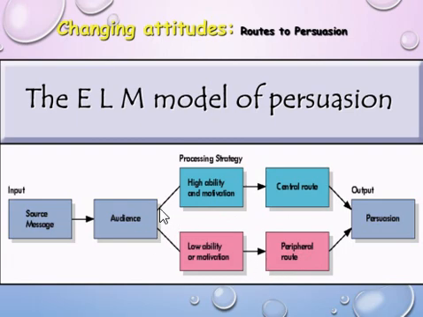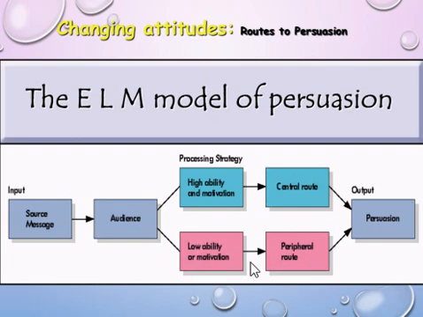So if the audience has high ability and motivation to do something, then we're going to the central route. If they have high ability, they are self-confident, and they have high motivation, they're not going to be easily persuaded, but we need to try and use only the central route.